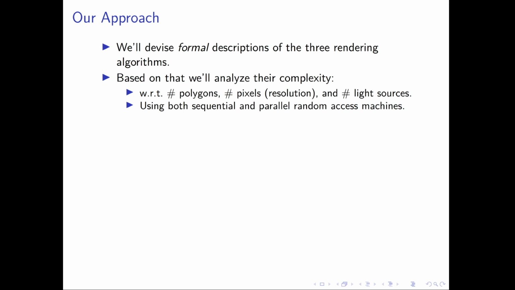We will do this for sequential versions of the algorithms, and for versions that can run on a PRAM, formulated in terms of work and time per ray. For that, we will take certain input into account: all the algorithms are subjected to input like polygons, a certain image resolution that we're rendering for, and a certain number of light sources. And in the next session, we will begin by doing so for the rasterization algorithm.